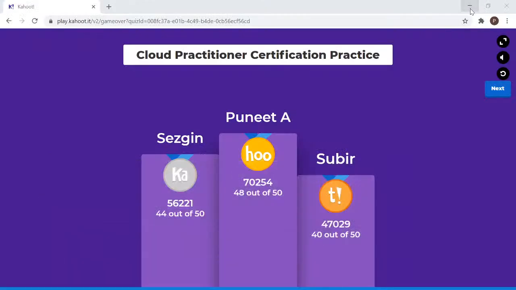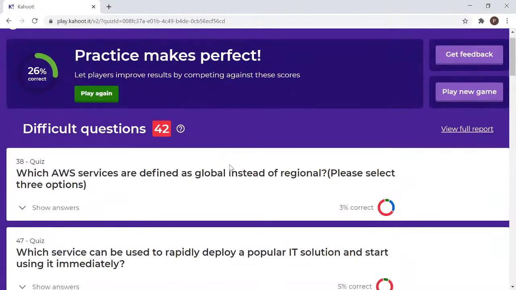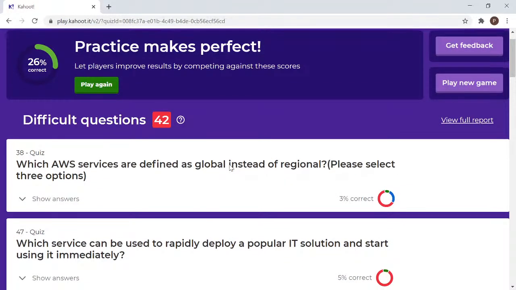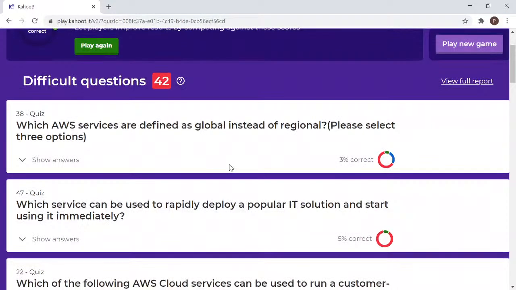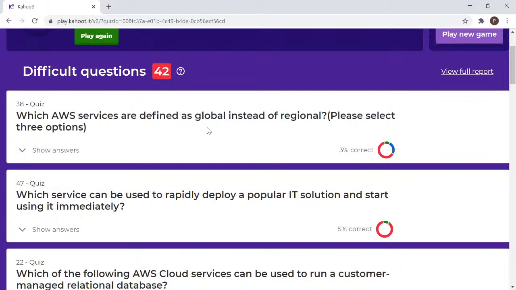Let me scroll down and then we can go next, as we have some more time, and see what the most difficult questions were. There were quite a few, but yes, there are a few questions that people got quite wrong.